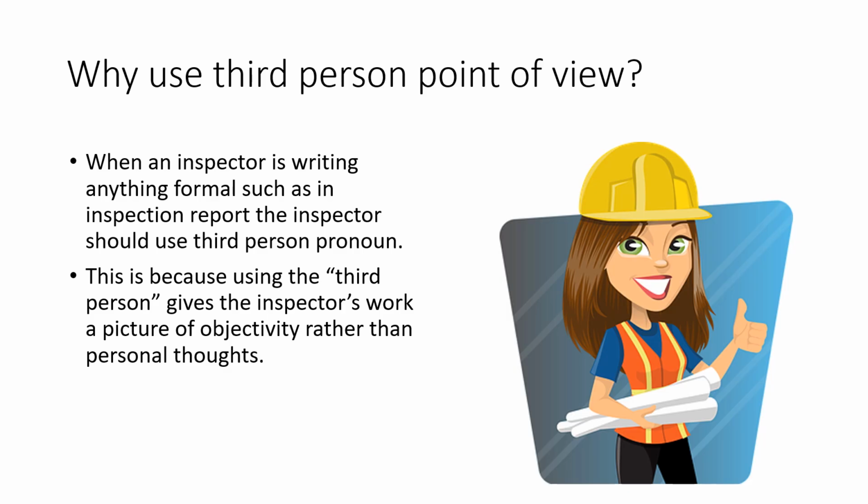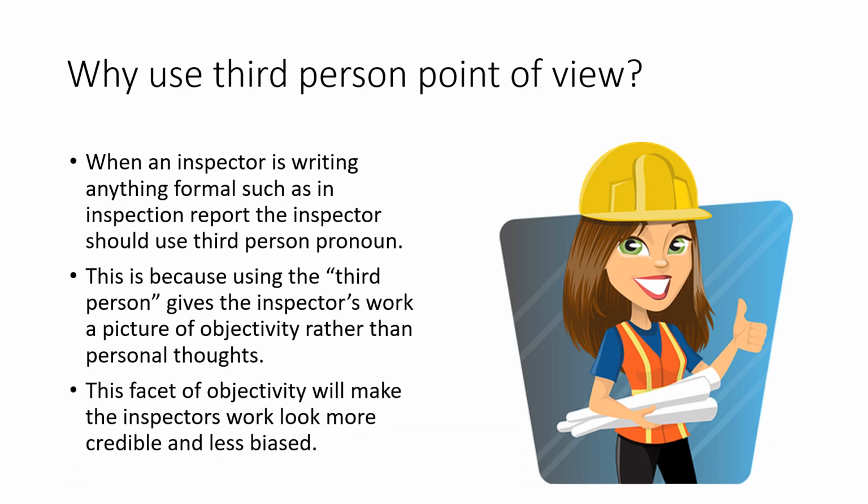By saying your title, the inspector, it gives you more of a sense of objectivity in regards to what information is being passed on to the reader rather than your personal thoughts on the matter. And this objectivity makes the inspector's work look more credible and less biased if you're going to do it this way.